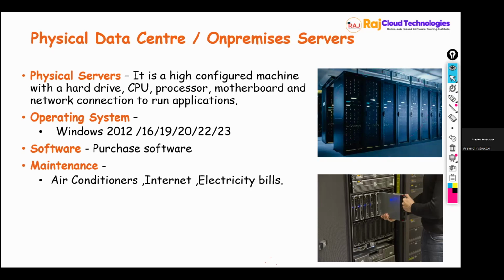Since these servers will run continuously 24/7, lots of heat will be generated. To reduce heat, you need to set up AC in that server room. You need an internet connection for all these servers. And at the end of the day, lots of electricity bills will be generated. I am going to pay them because that is my company, and I am taking care of it. I have to pay monthly electricity bills of 5 lakh, 10 lakh.